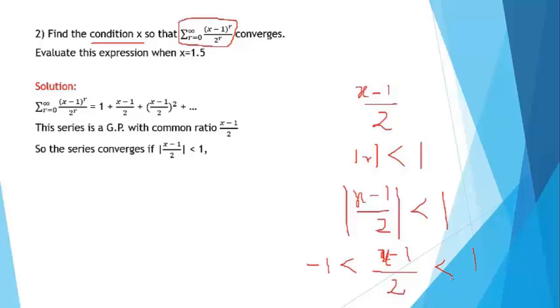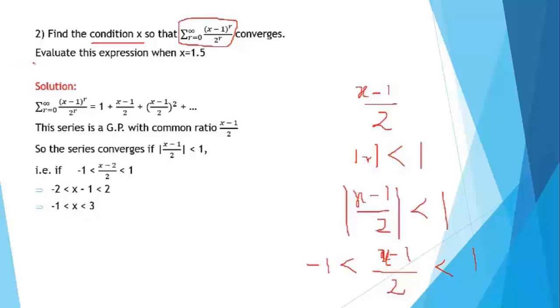Now solving this inequality for x, we get the necessary values for x for which the series converges. So if you work out further, you get negative 2 less than x take away 1 less than 2, where we have multiplied by 2. And by adding 1 to each of them, we get negative 1 less than x less than 3.